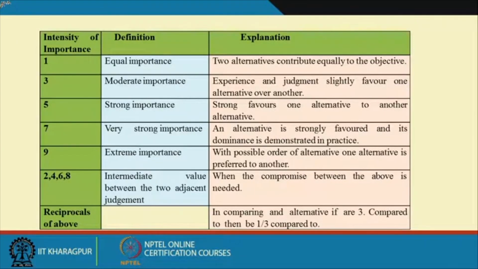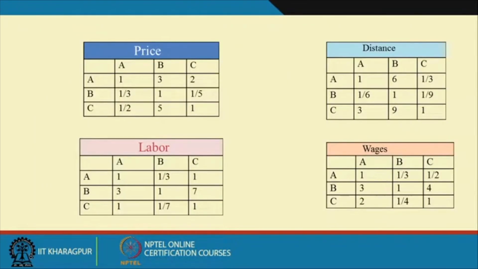Again you can ask the people, or you can ask yourself, just give your opinion on the scale of 1 to 9, the standard scale I have provided to you. That is also quite possible. So another option is left for us to give the preference within the criteria itself.